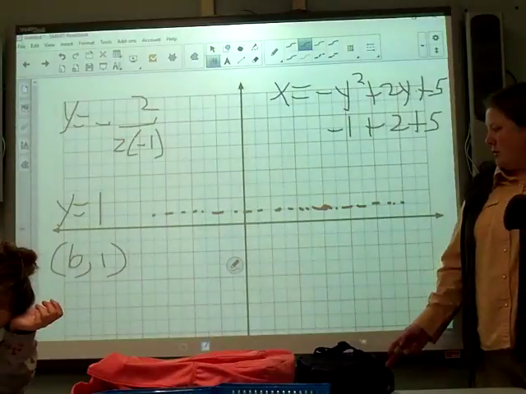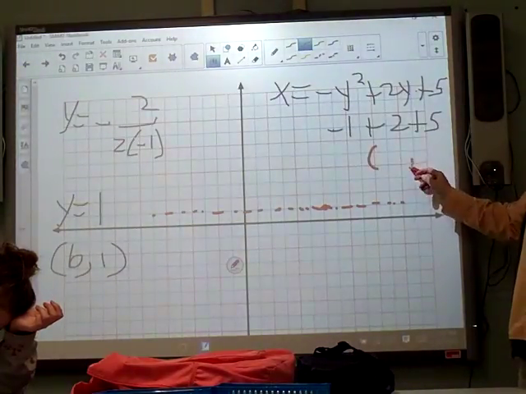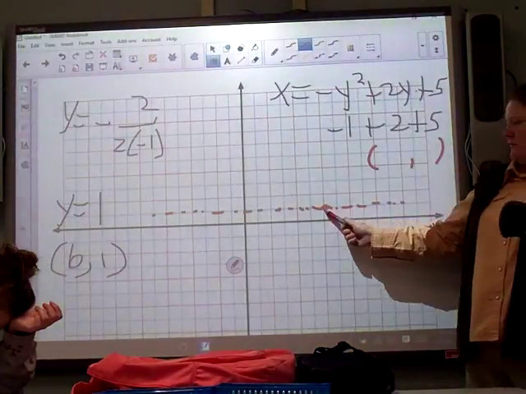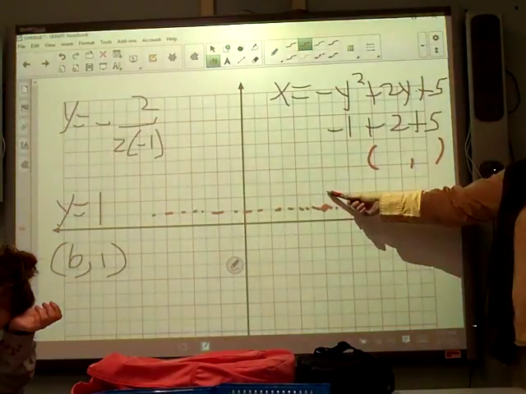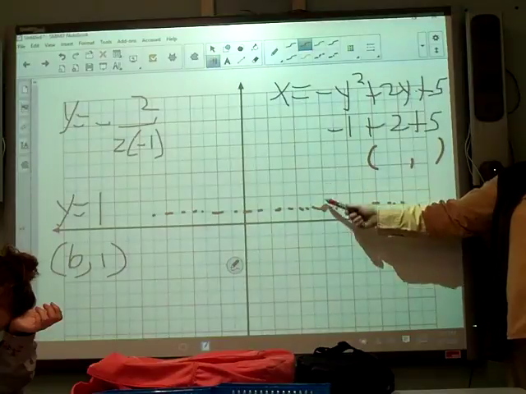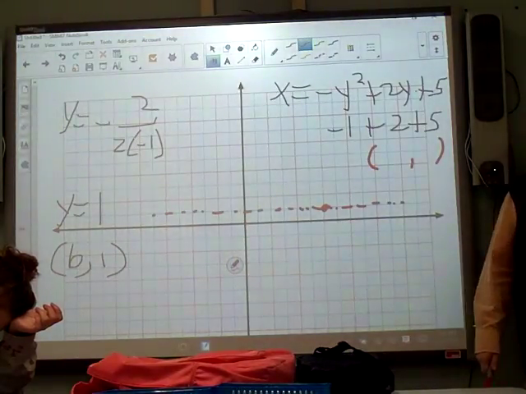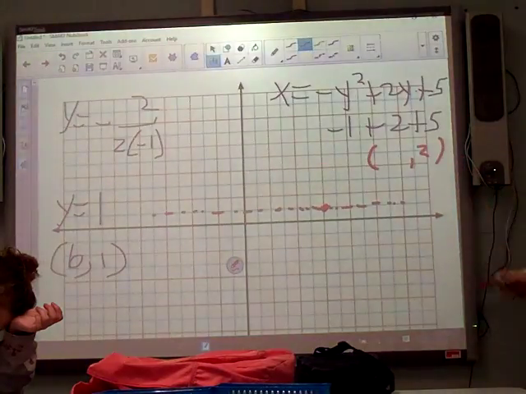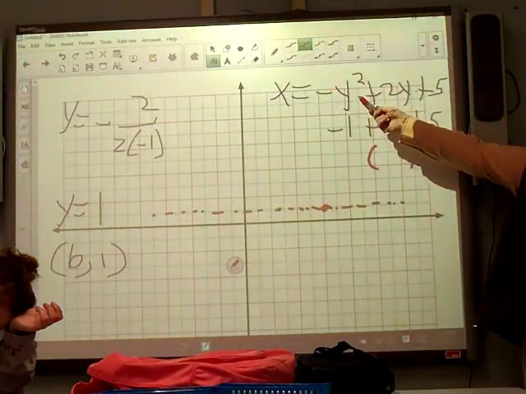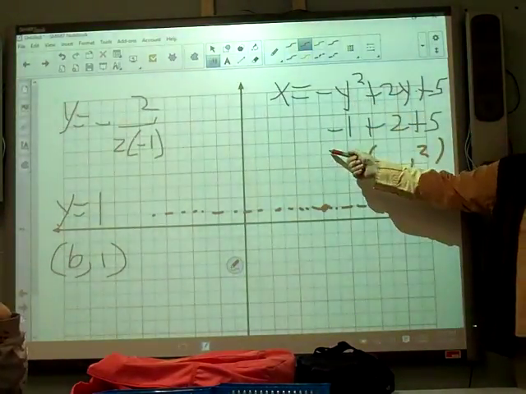Now I'm plugging in a y, something other than 1, because I already have a point at 1. So pick either 2 or 0 or something either above or below y equals 1. Okay, so we plug a 2 in. 2 squared is 4, make that negative, be -4.